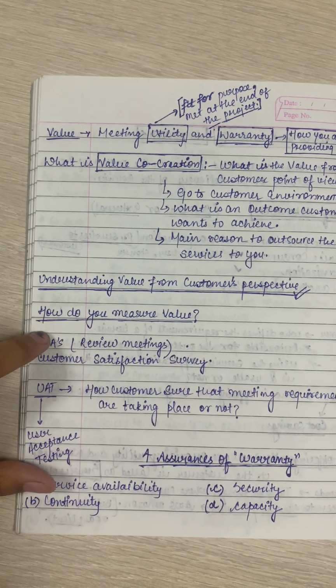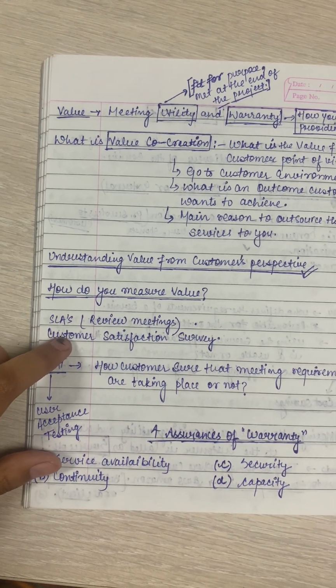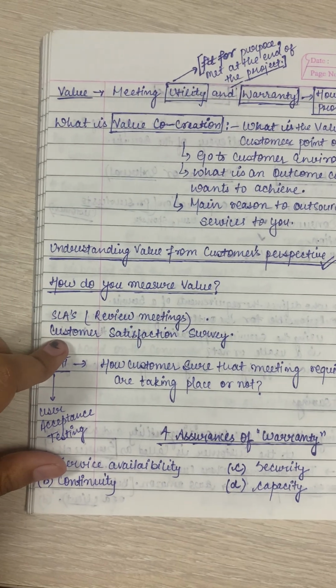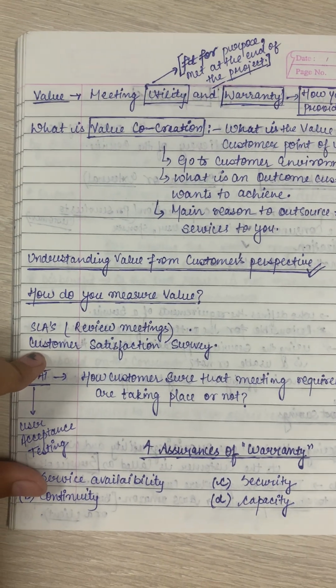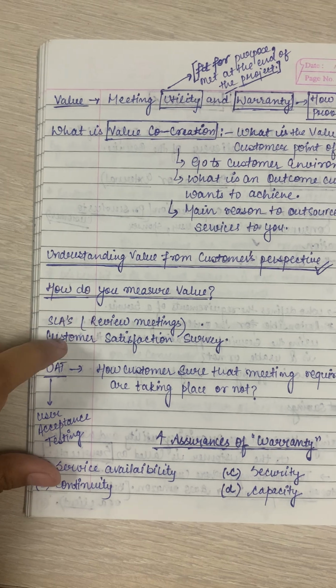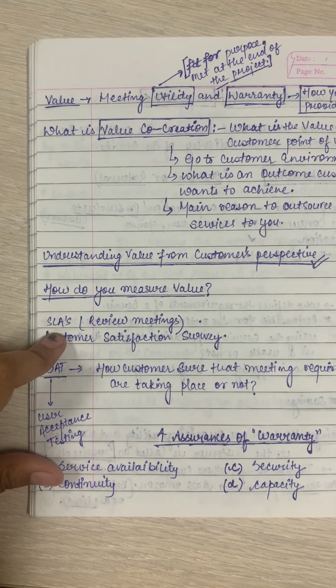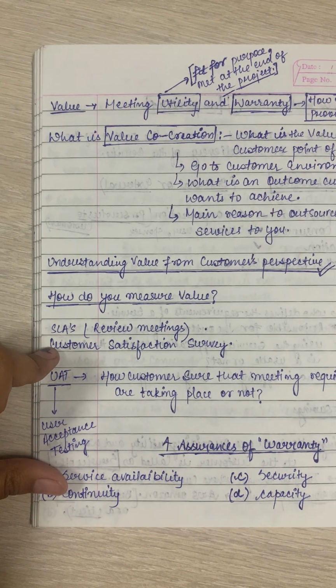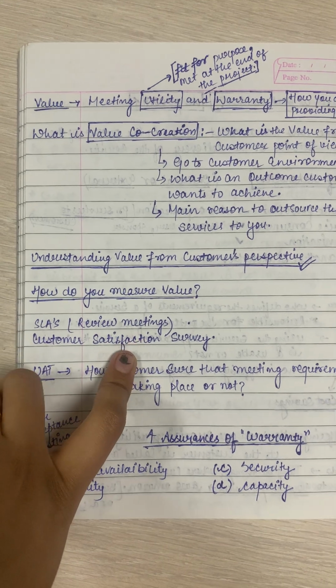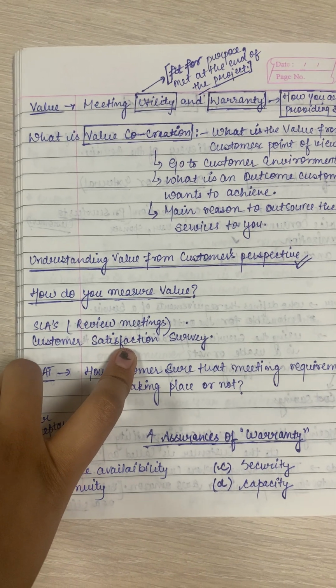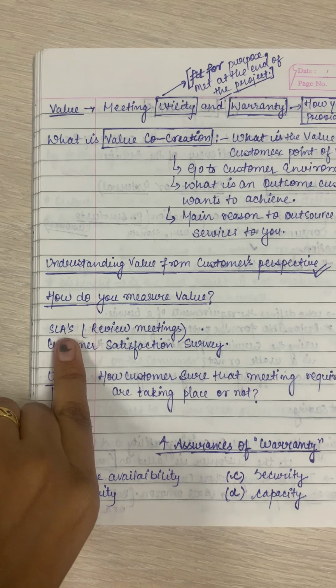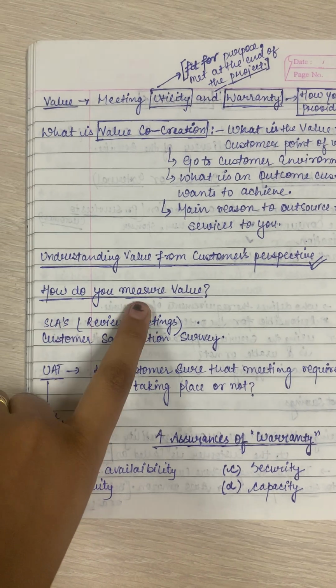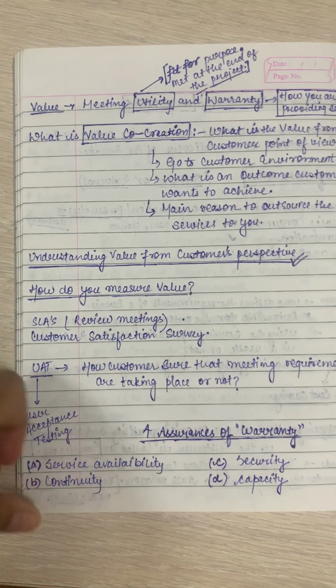That will be considered as SLA. Customer satisfaction surveys, which you usually get every year, can be monthly, quarterly or biannually, so it depends. But you have to get the customer satisfaction surveys to measure the value. If you are meeting the SLAs, then definitely you are measuring the value, right?